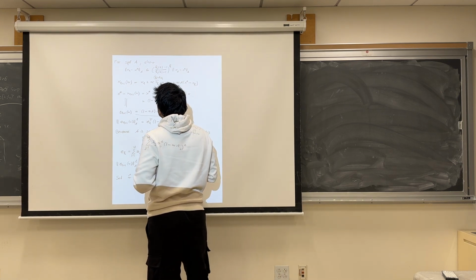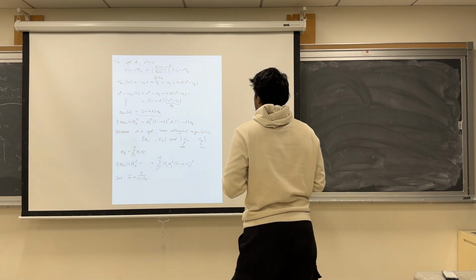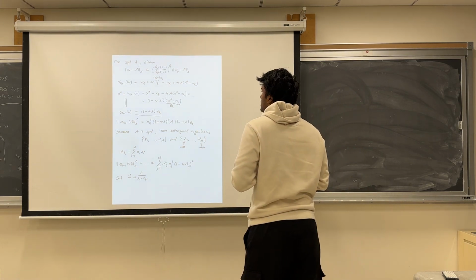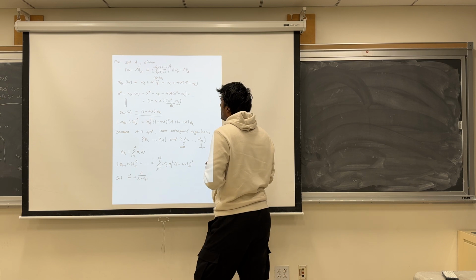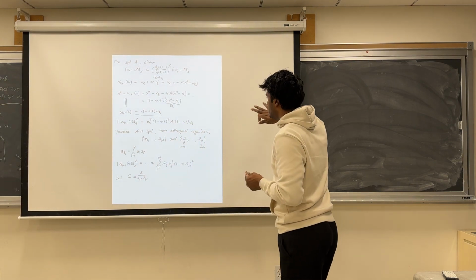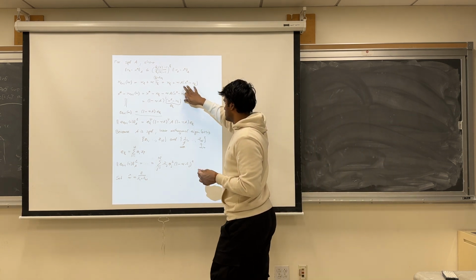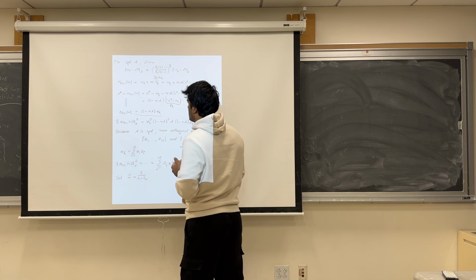So xk plus 1 as a function of alpha is xk plus alpha rk, where rk is the residual, which is b minus A x star, that is b minus Ax. That is correct.